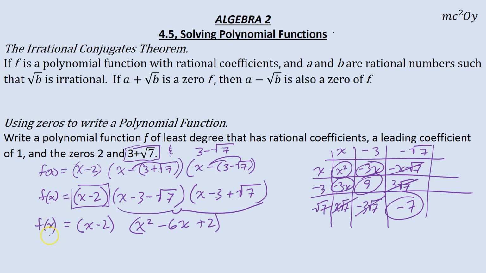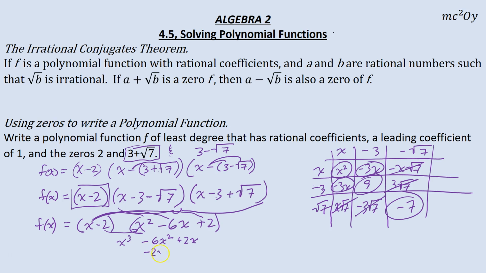And now all I have to do is multiply a binomial times a trinomial. Doing that, x times x, x cubed. X times negative 6x is negative 6x squared. And x times 2 is 2x. And negative 2 times x squared, negative 2x squared.